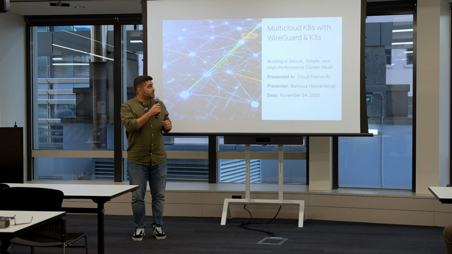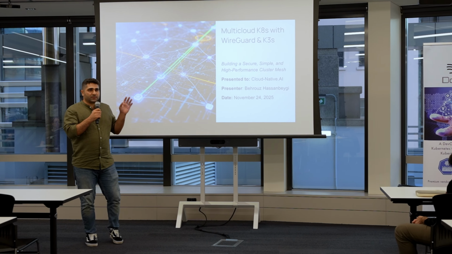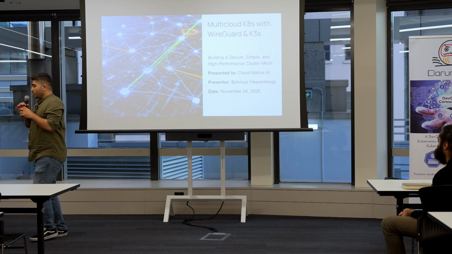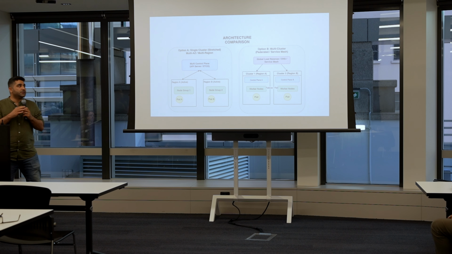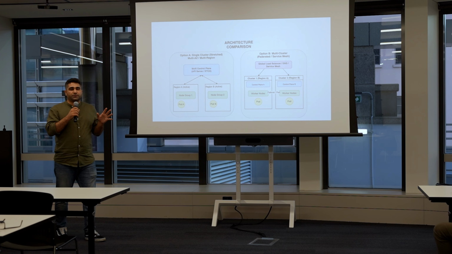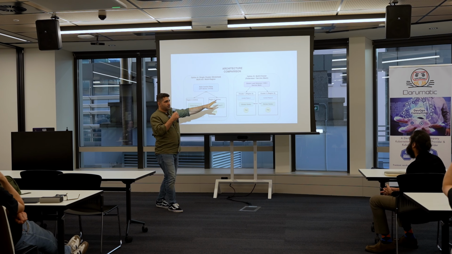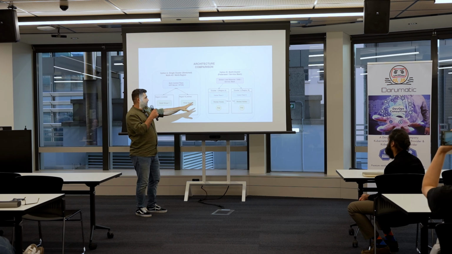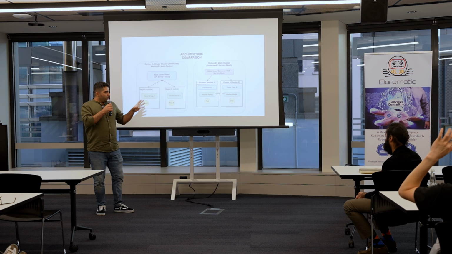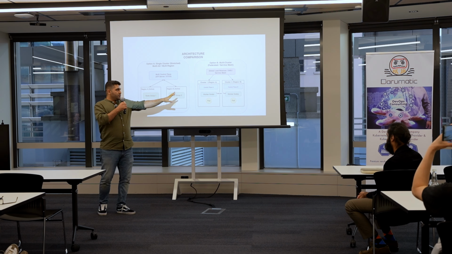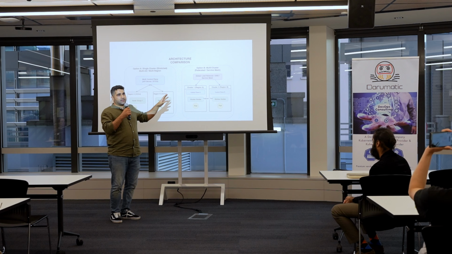Today I'm going to present multi-cloud Kubernetes using K3s and WireGuard for multi-cloud architecture. So here I have a comparison between two different architectures. One is more common, where you run your own cluster, AKS, EKS, GKE, or all managed, or your own self-hosted cluster somewhere. So you're using load balancing, DNS, service mesh.